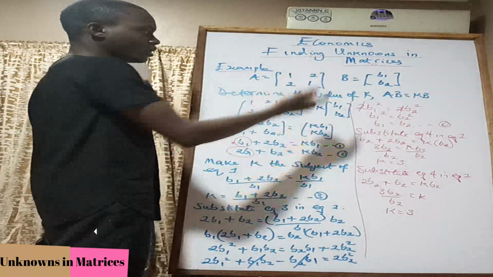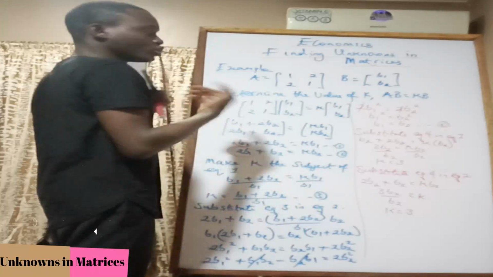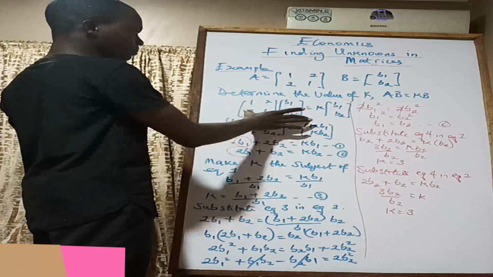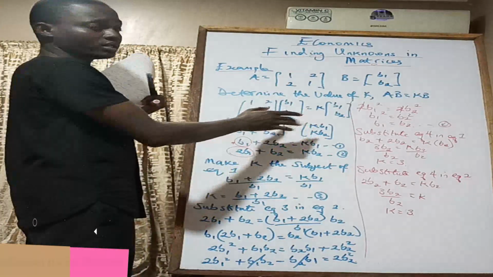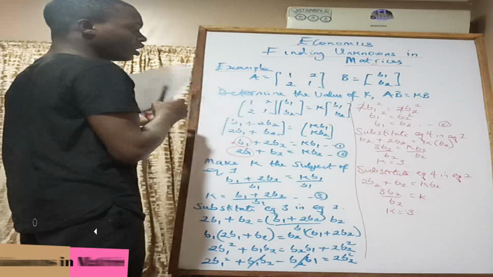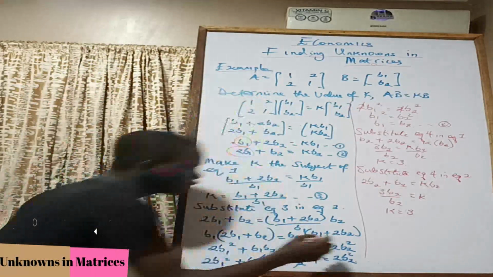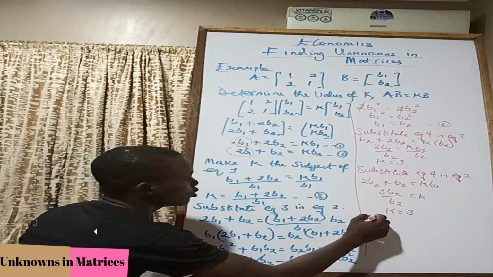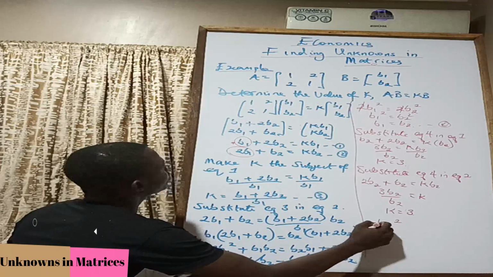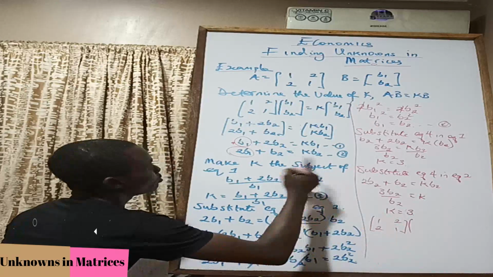It says determine the value of k that satisfies this condition where AB equals k B1 B2. And if you want to prove it, you might choose to prove it. This is AB. If you want to prove that AB is equal to k B1 B2, you are not required to, but let's just try and see. So we are going to be having 1, 2, then 2, 1, then B1 B2.